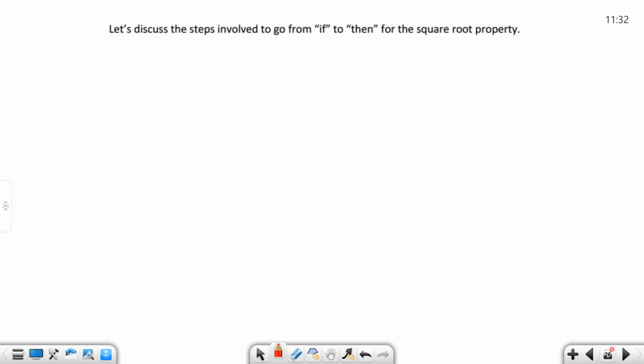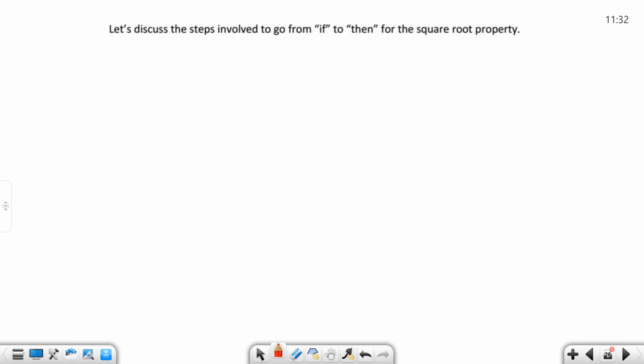Yes, I know that was very blatant, okay? But it bugs me to no end, even when I ask other math teachers that I know personally, why do you do that? I don't know, it's just what I do. No, you're supposed to know, you're the teacher, okay? So we're going to talk about where it comes from, and I'm going to take the square root of both sides, but when you apply a property, the whole reason the property is there is because somebody's already done the work for you. But we're going to go through the work here to show it.